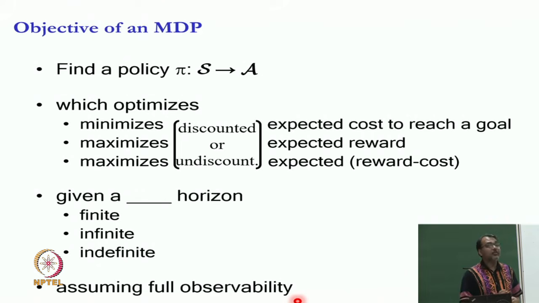Now, there is one thing that I have not talked about, and that is the idea of discounting or undiscounting. So, I am not saying maximize expected reward, I am saying maximize either discounted expected reward or undiscounted. So, what is this discounting business? Now, suppose I can do action right and that gives you 1 rupee, and I can do action left and that gives you 2 rupees, and you can keep doing the action right or action left.